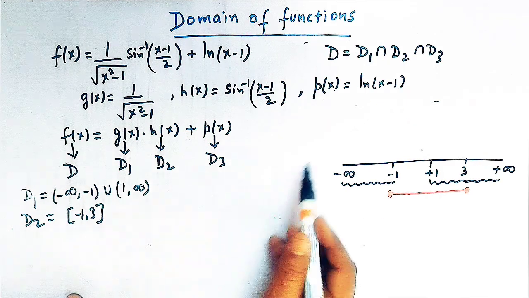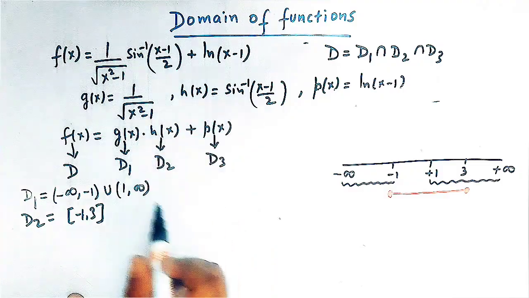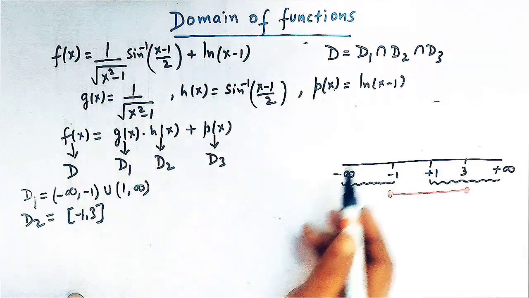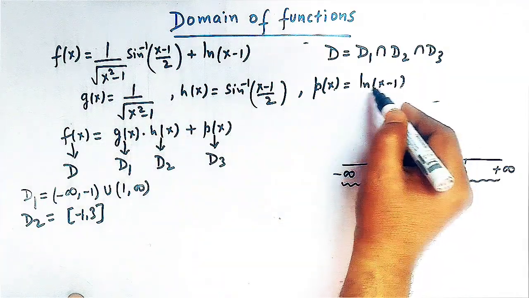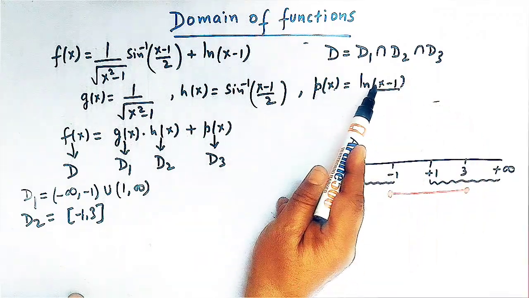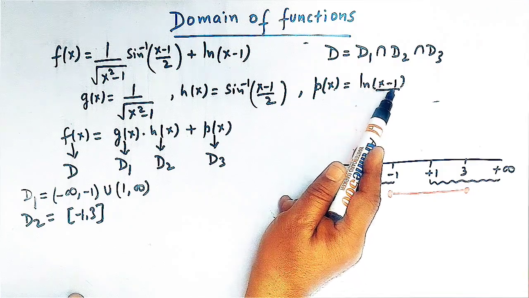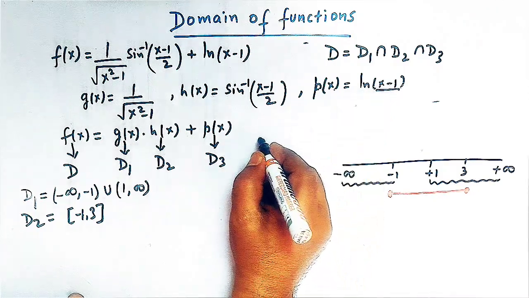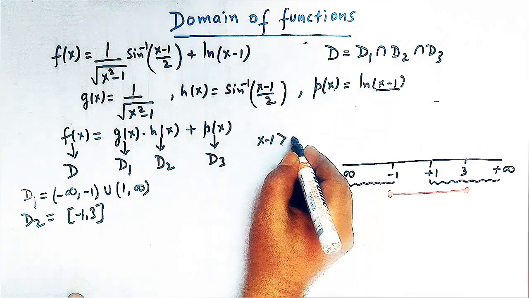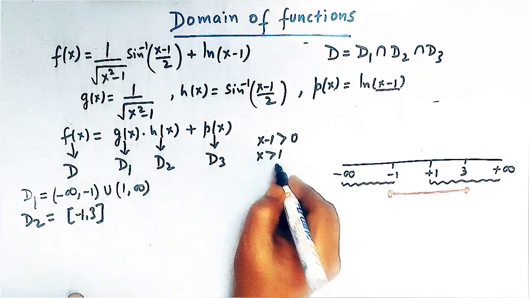Now let us find the domain of the function p of x, that is natural log of (x minus 1). The valid values of x for which the natural log of (x minus 1) is defined are given by x minus 1 should be greater than 0, right? So x should be greater than 1.